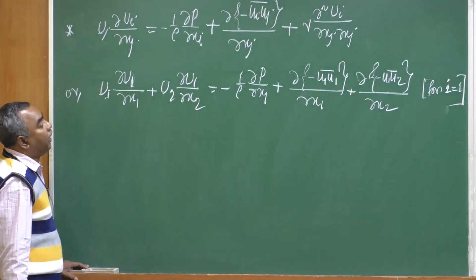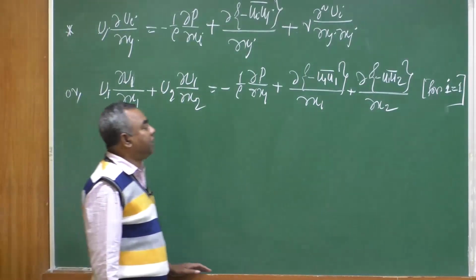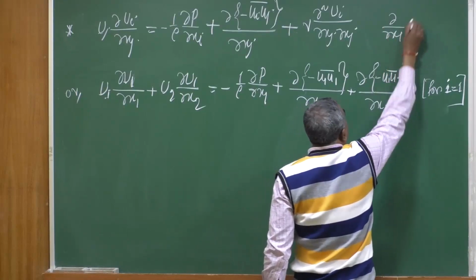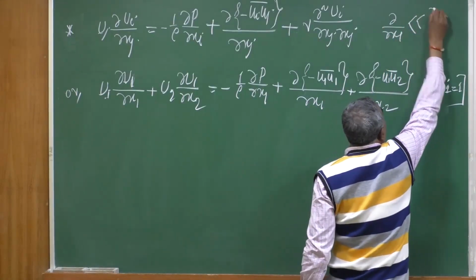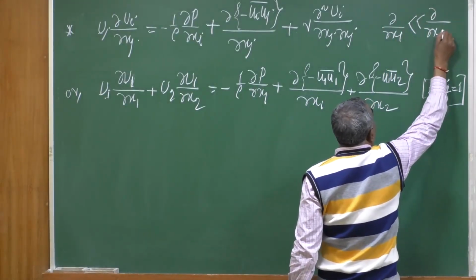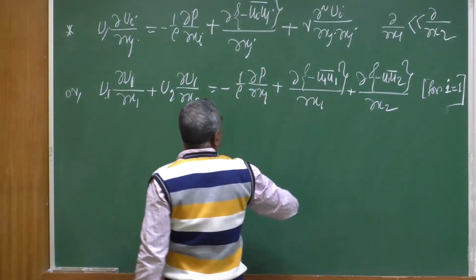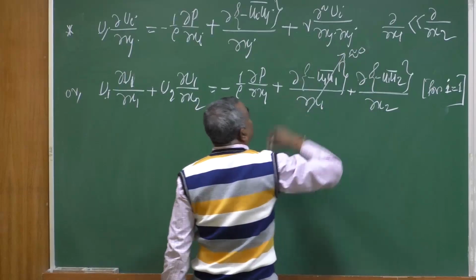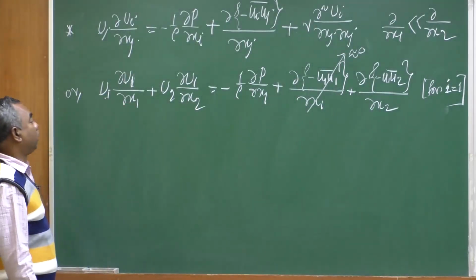Okay. We are writing this equation for i equal to 1. And since we have considered a flow where the streamwise gradient is much smaller as compared to the cross stream gradient, this term is considered to be approximately 0 as compared to the cross stream gradient.